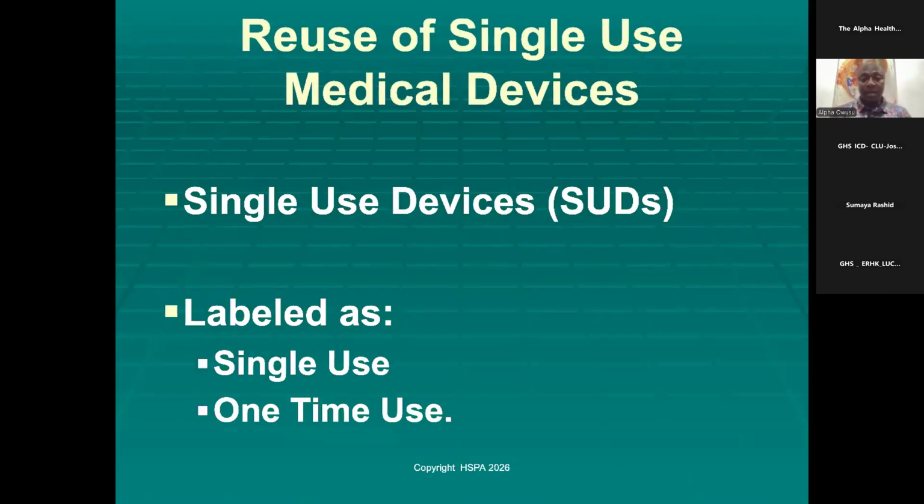Again, reusable, single use. I went to a lot of facilities. They are using the disposable and they are reusing it. Something that is single use, right? They are using it again, and that is very, very wrong. And the sterile processing technician would have to know it. I'm giving you an example.